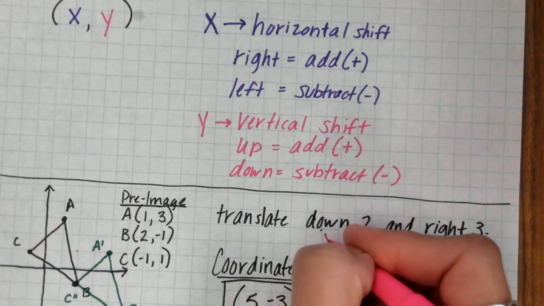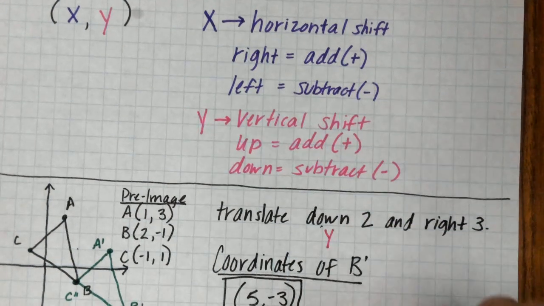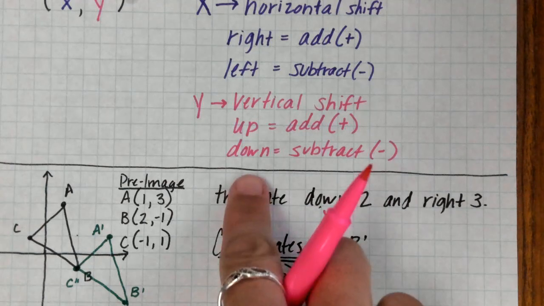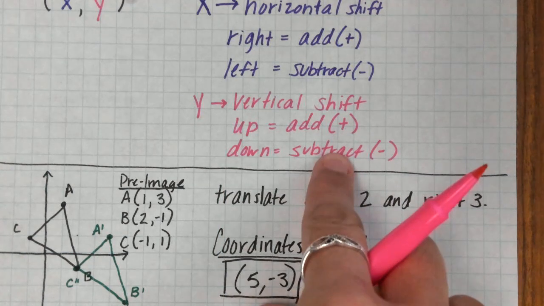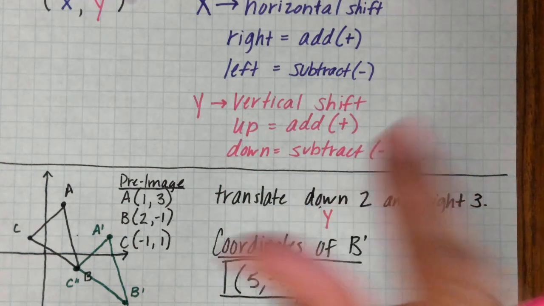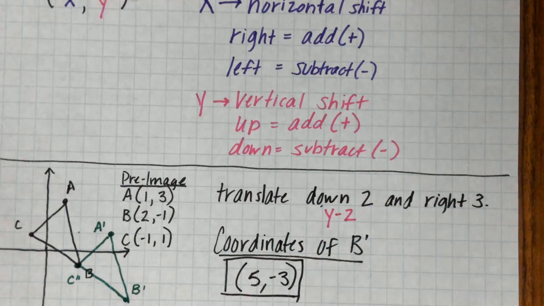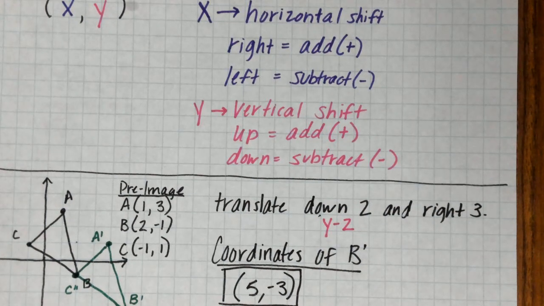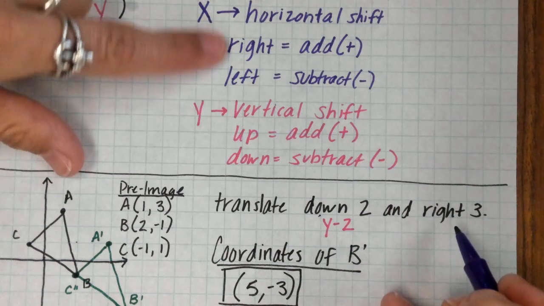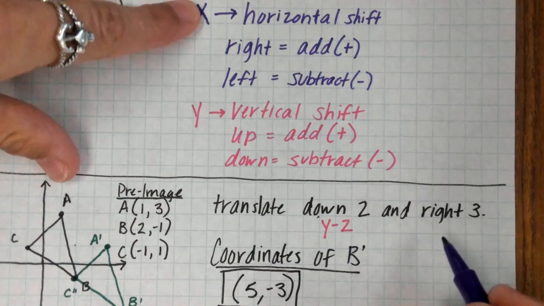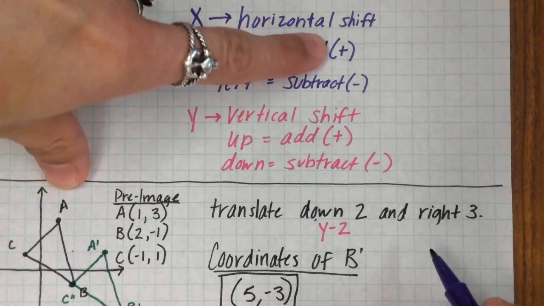So that means we're going to take our Y coordinate and we're going to do something with it. Okay? Down told us to subtract. So down 2 means we're going to take that Y coordinate and subtract 2. And then with the other one, right, over here, we look over here and we see, okay, right dealt with our X coordinate, and it told us to add.